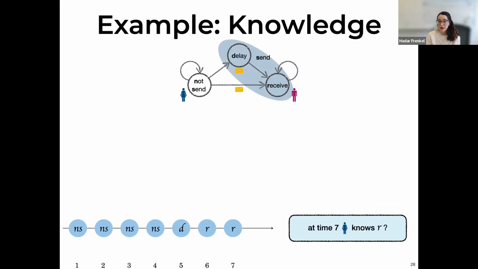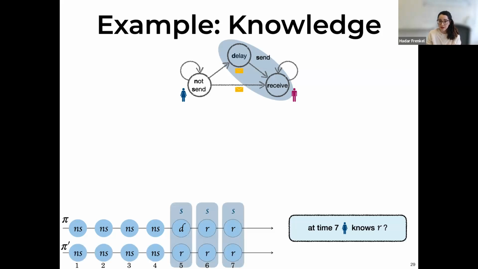What we have to do is check all executions that she might think possible. So in other words, all executions that are indistinguishable for her. And if this property holds on all of them, then she knows that it holds. So in this example, she cannot distinguish between the case where the message was delayed in time step 5 or it was immediately received. So we have to consider these two traces.